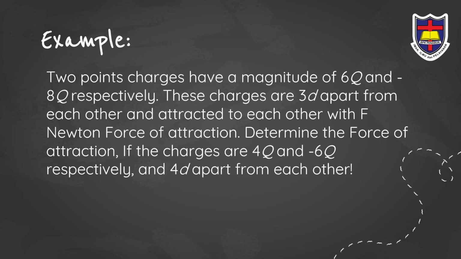Now for the next example. Two point charges have magnitudes of 6Q and negative 8Q respectively. These charges are 3D apart from each other and attract each other with F Newton force of attraction. Determine the force of attraction if the charges are 4Q and negative 6Q respectively and 4D apart from each other.